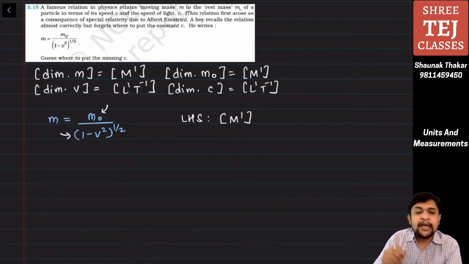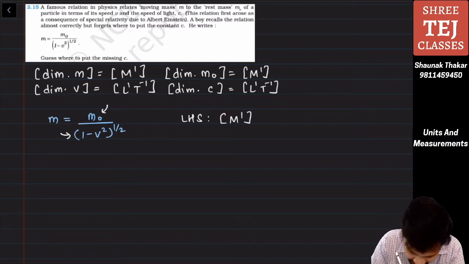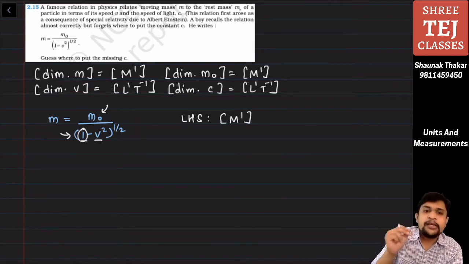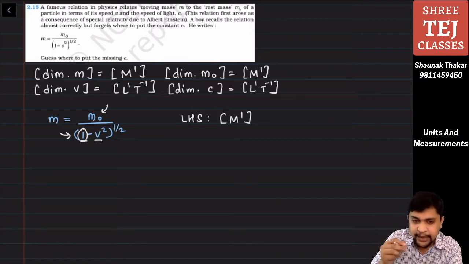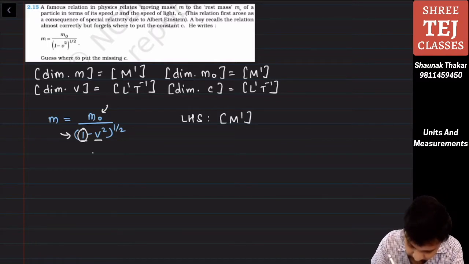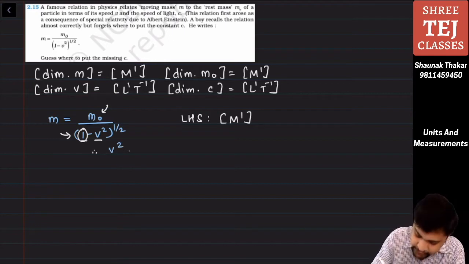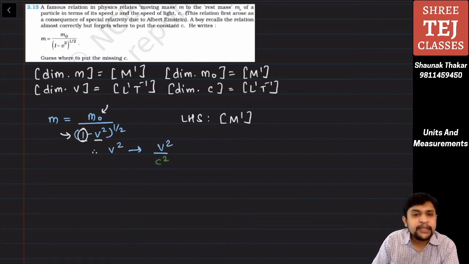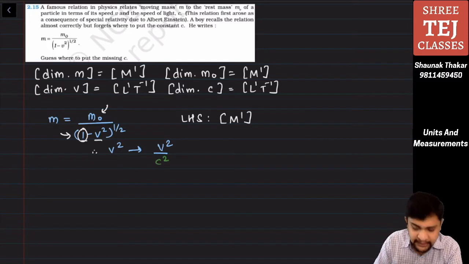And to divide by a dimensionless quantity, we need individual quantities to be dimensionless. One is already dimensionless, therefore we need to make v square dimensionless, and the easiest way to do that is to divide by c square. Therefore, v square should be changed to v square divided by c square.